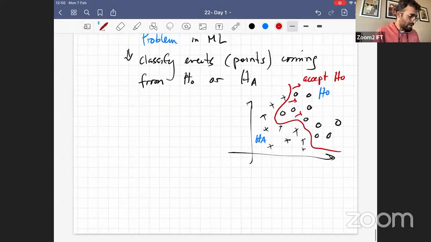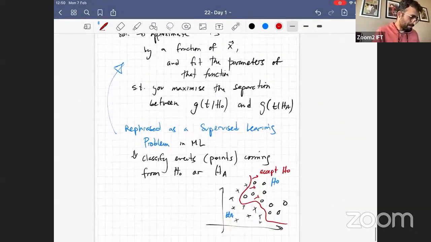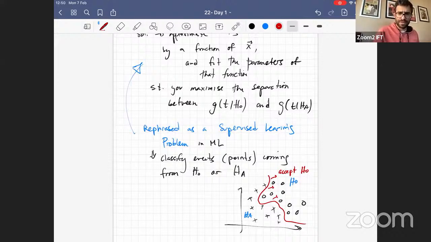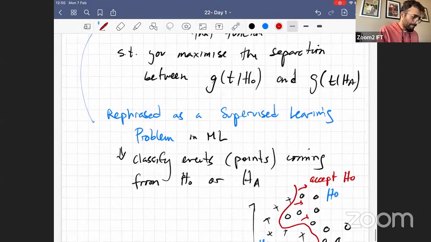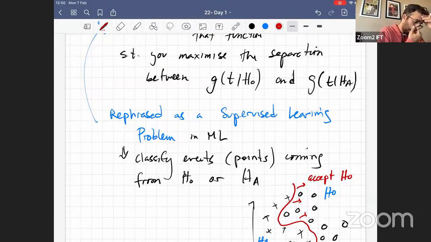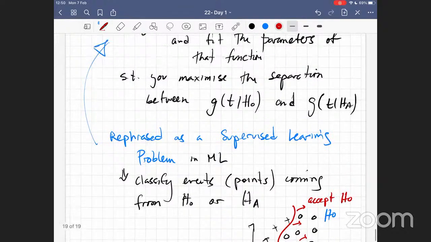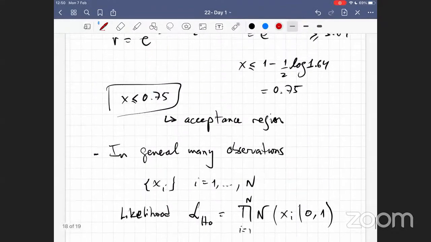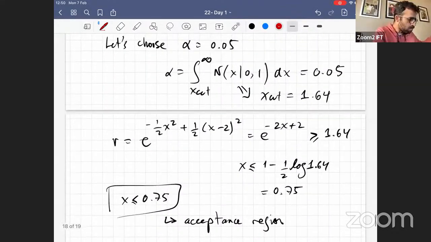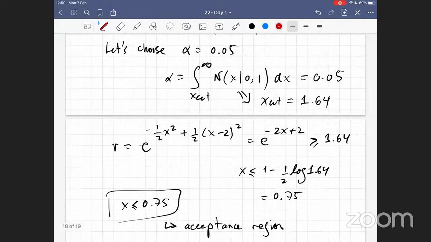Okay, any questions so far with respect to this? I have one. In the example that we did before in the Neyman-Pearson lemma, we have only one observation, right?